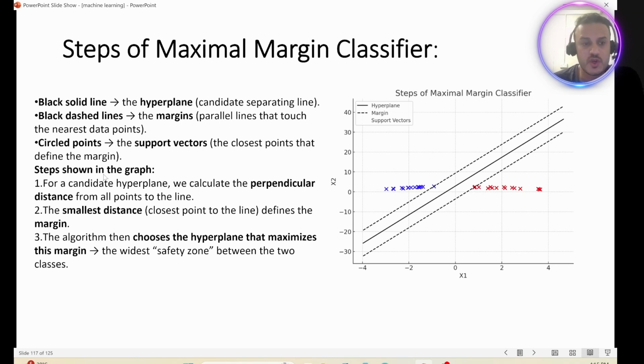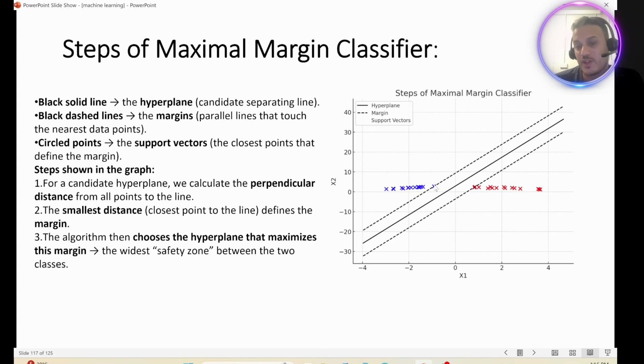Firstly, for a candidate hyperplane, we calculate the perpendicular distance from all points to the line. So in this maximum margin classifier, we find the perpendicular distance from the hyperplane to the first point, second point, third point. Then the smallest distance, the closest point to the line, defines the margin.